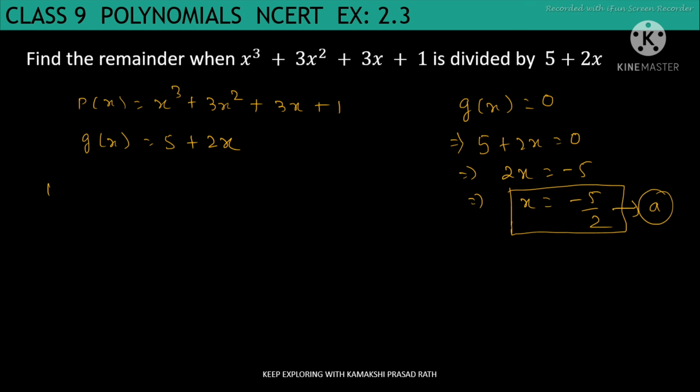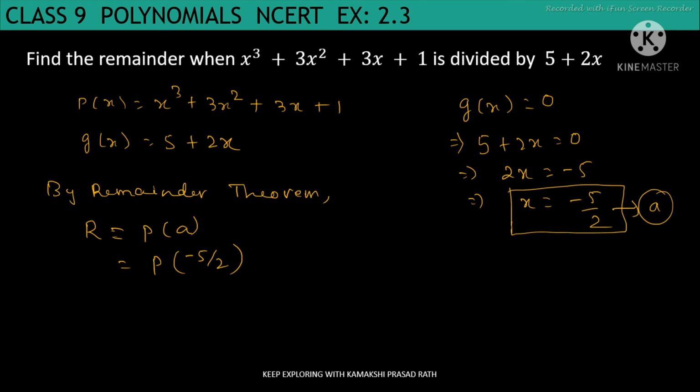So by the remainder theorem, we can say the remainder is p of a, and we know the value of a is minus 5 by 2, so we need p of minus 5 by 2. In place of x we will use minus 5 by 2 here.